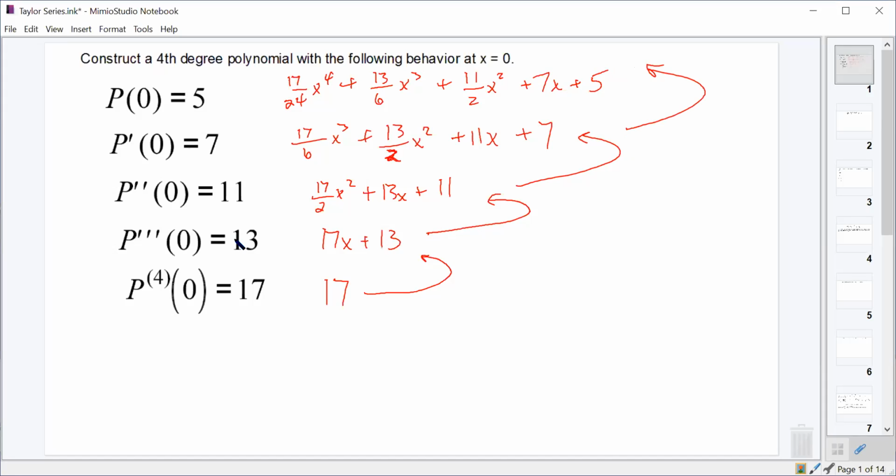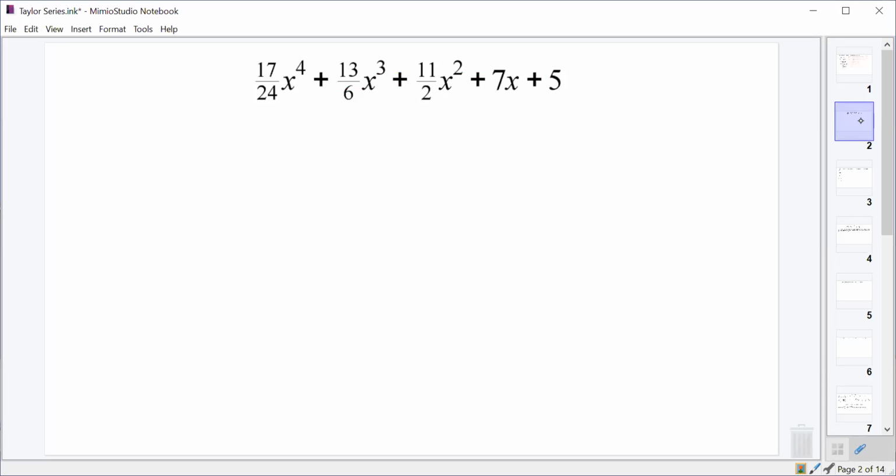Okay. So do we notice anything particularly interesting? I thought I'd just go to this new page now. Do we notice anything particularly interesting about these values here, like these constants, these coefficients in front of our x's?